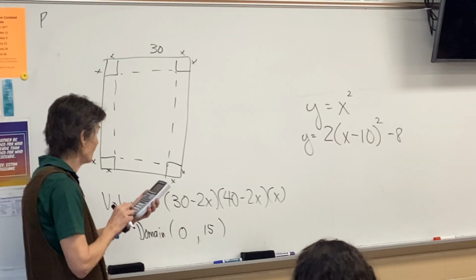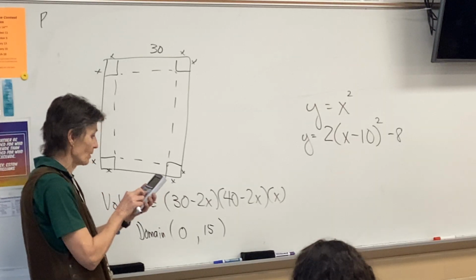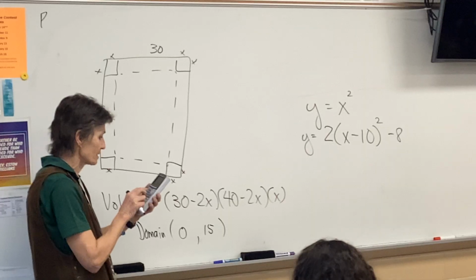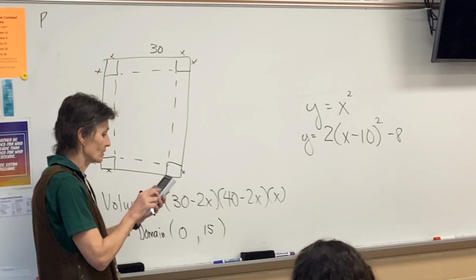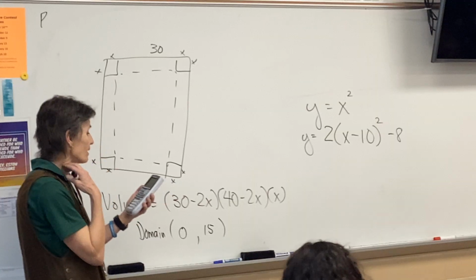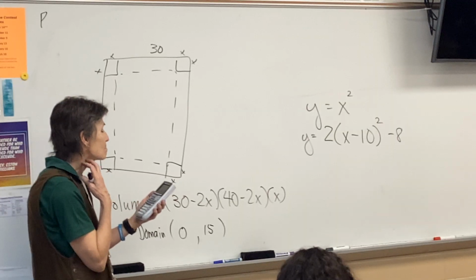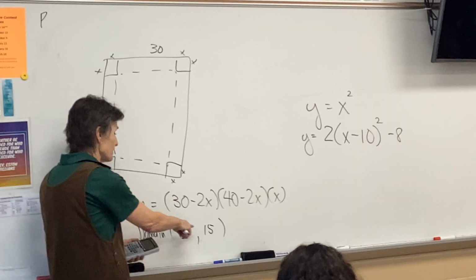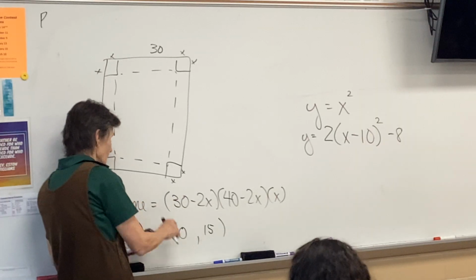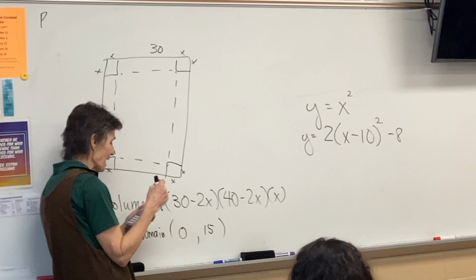I'm going to go to window and set it from 0 to 15 on the x's, and from 0 to, I don't know, I'm going to try 1,000 on the y's. Okay, that wasn't big enough. So I went from 0 to 15, that's non-negotiable. Then I went from 0 to 1,000.